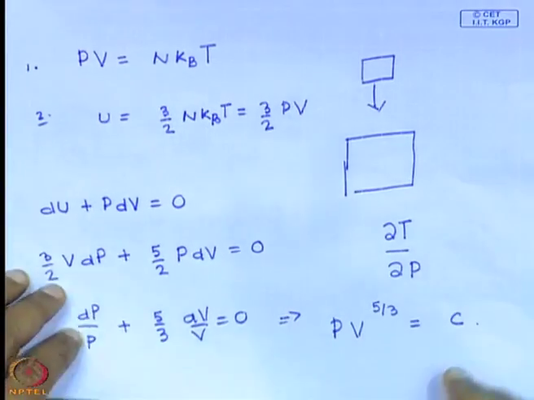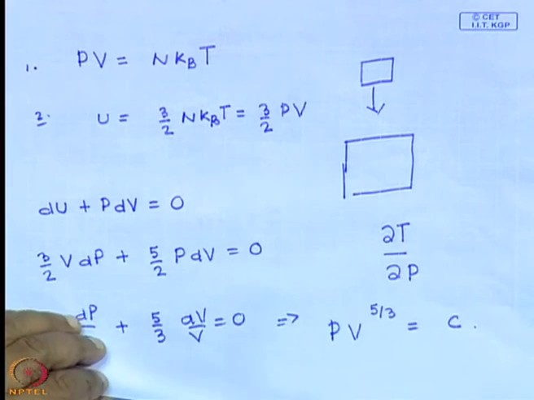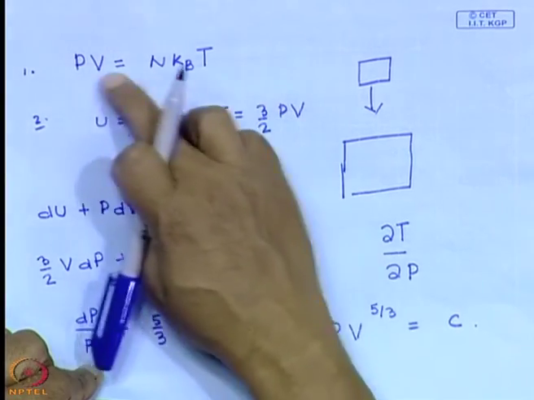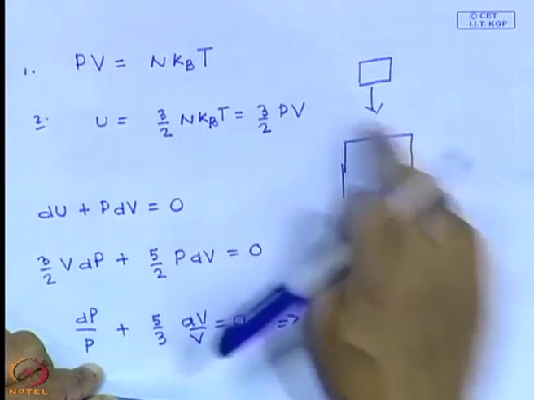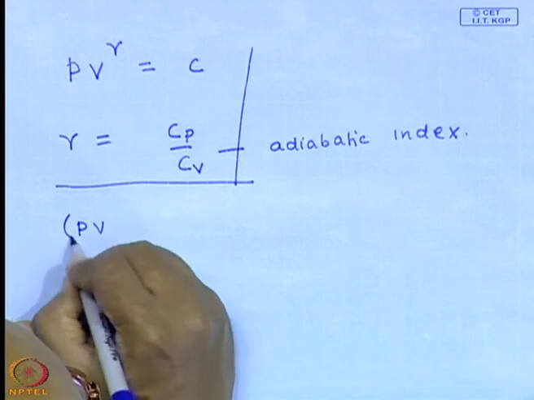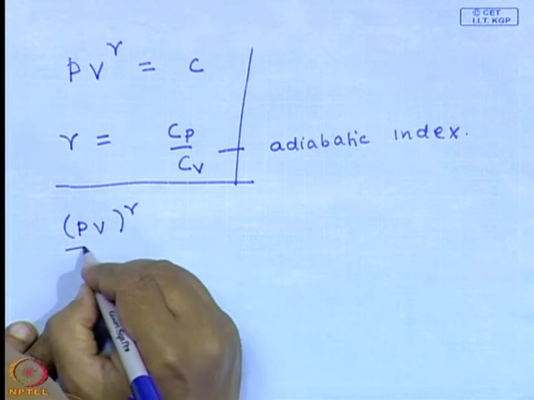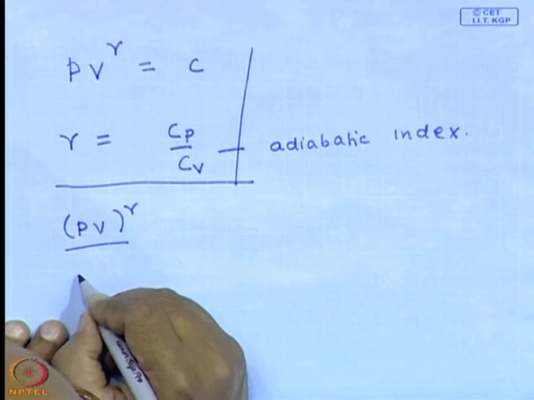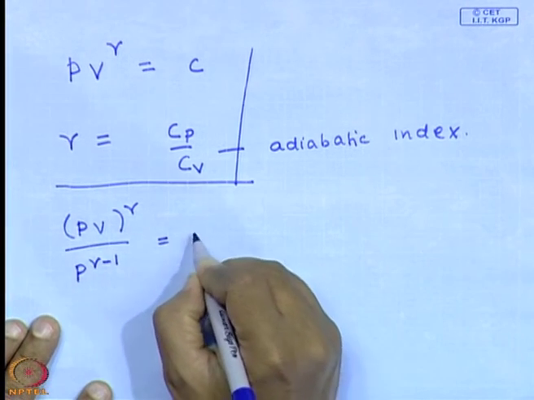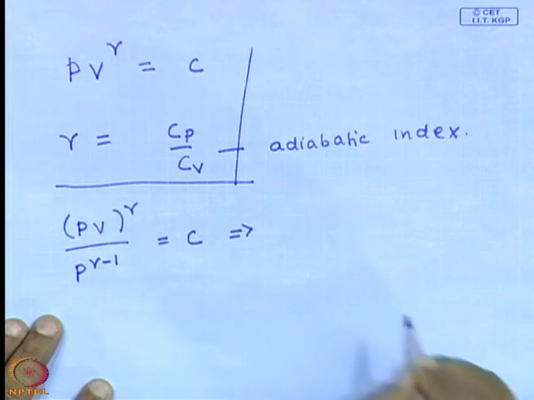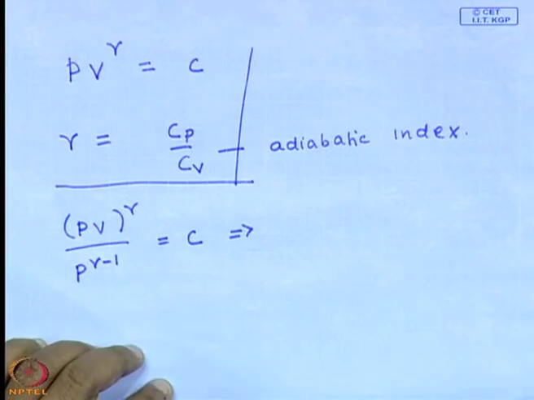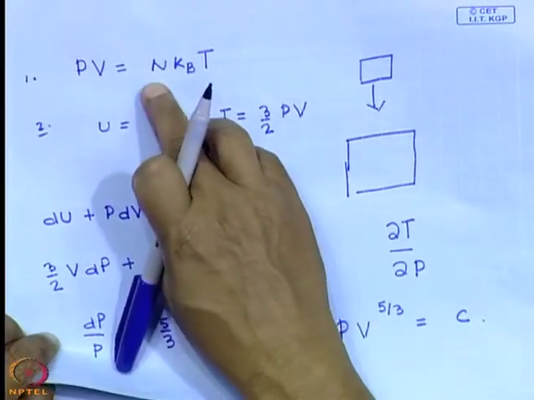Now, we would like to evaluate del T del P, and we have to use this. So, we know that P v is equal to n k_B T. So, I can write this as P v to the power gamma divided by P to the power gamma minus 1 is equal to C, which essentially tells us I can replace this by n k T, and these factors of n and k are constant.